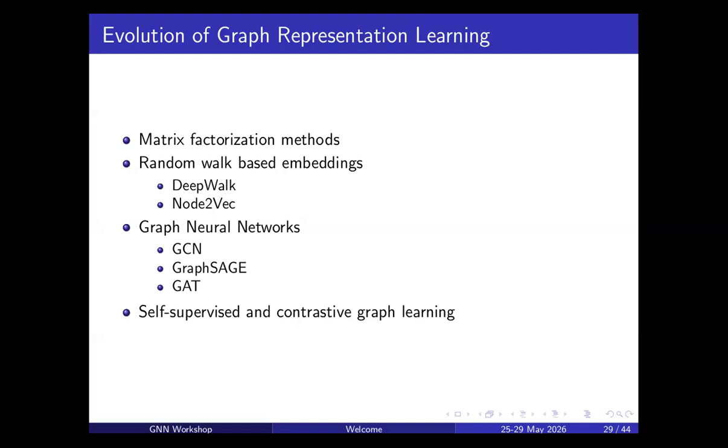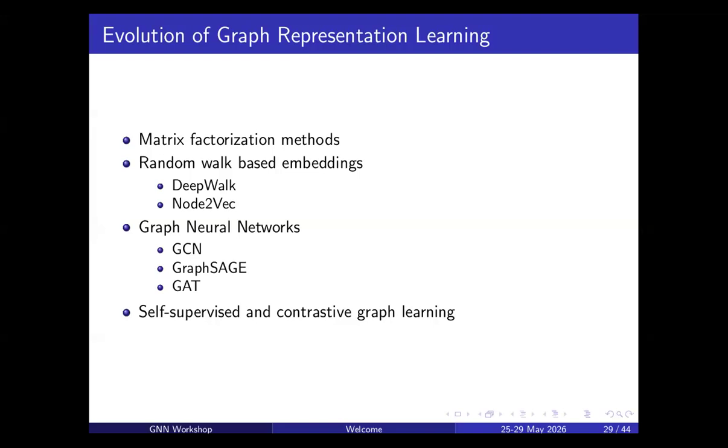Then the second stage of approaches includes random walk based embedding, for example node2vec or DeepWalk. You take the graph, starting from an arbitrary node, and perform some random walks. A walk means a traversal through the graph. Depending on the algorithm, if you are taking node2vec, you will perform some fixed length random walks on the graph.